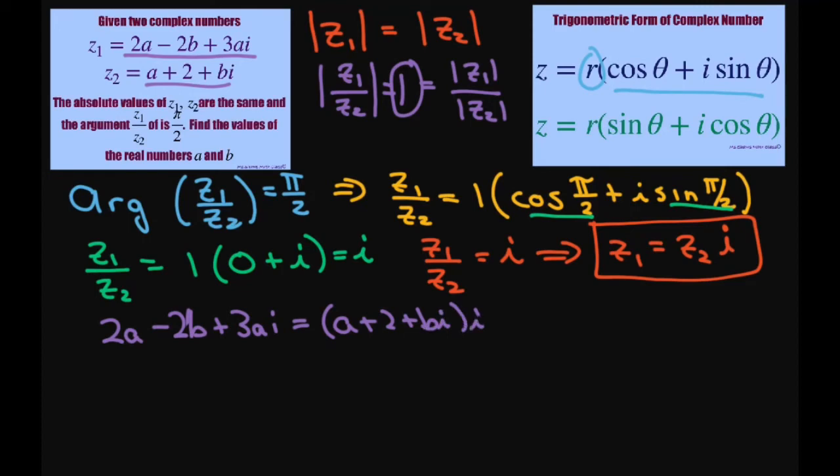Now this piece right here is going to be ai plus 2i. And when you multiply these two, remember i squared is negative 1, so this is going to be negative b.